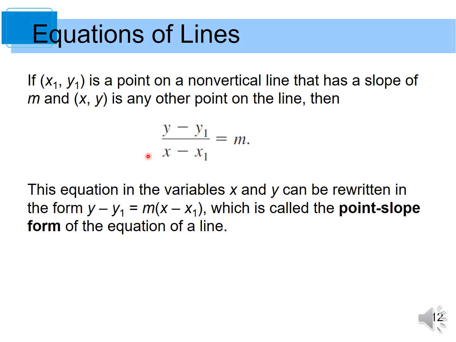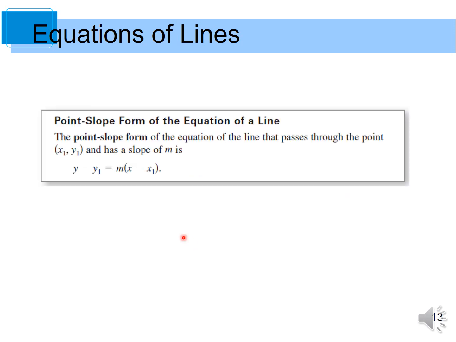You multiply by x minus x1 on both sides, and you will obtain this form, which is called the point slope form of the equation of a line. The point slope form of the equation of the line that passes through the point x1, y1 and has a slope of m is given by this formula.